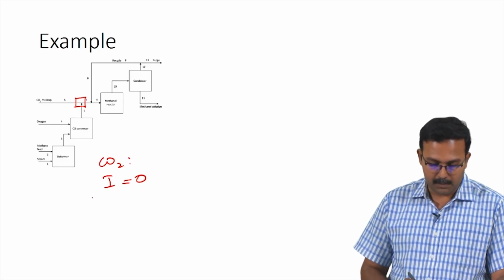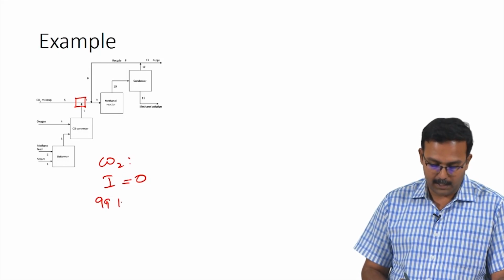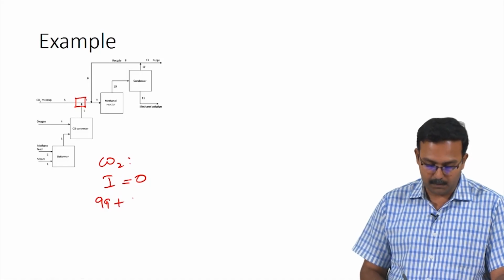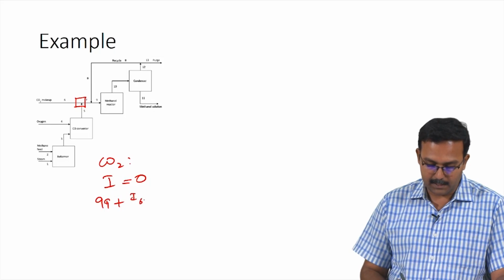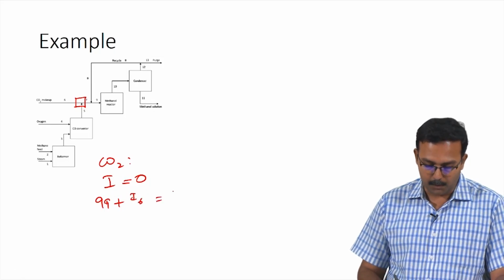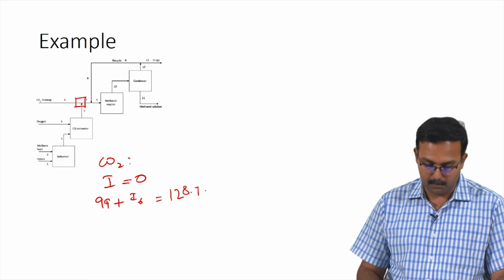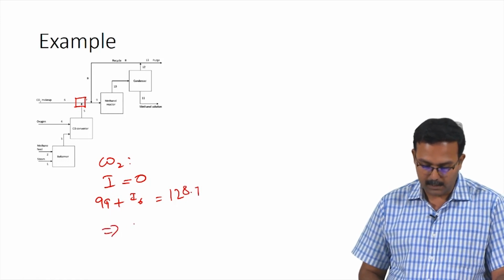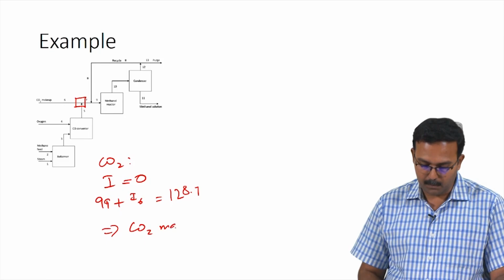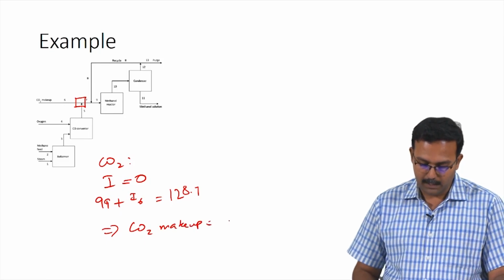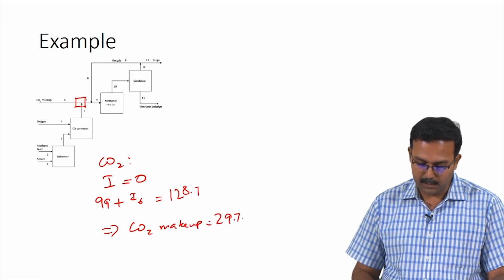One input comes from stream 5, which contains 99 moles of carbon dioxide, and you have another input from the CO2 makeup stream, we will just call that I6, would be equal to the output, which we know is 128.7 moles. So, this implies CO2 makeup would be equal to 29.7 moles.